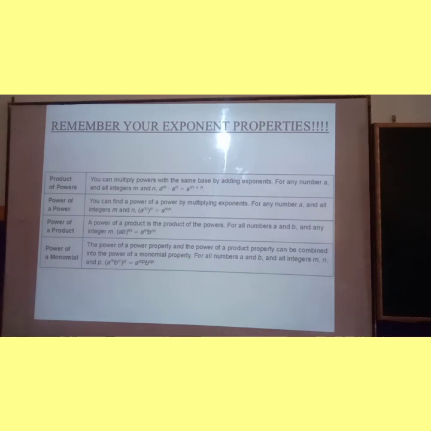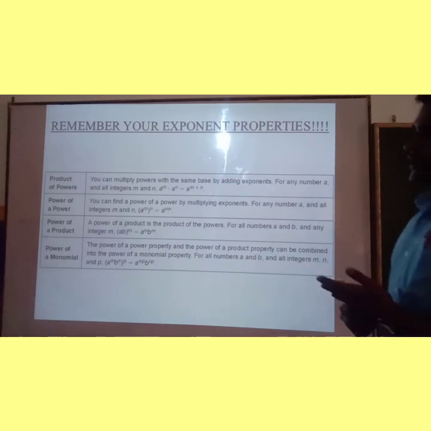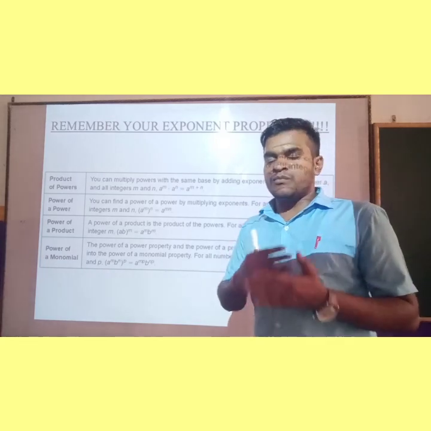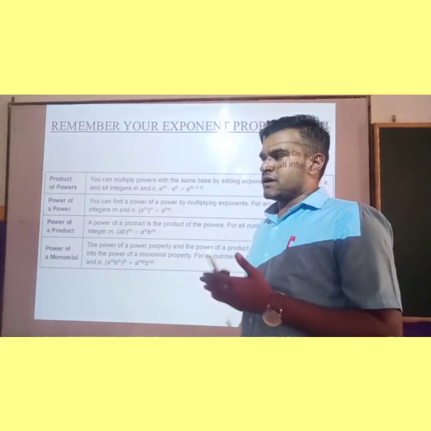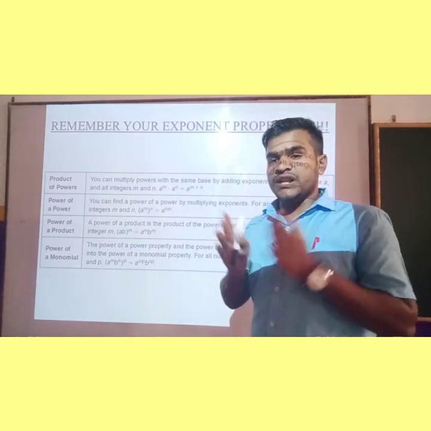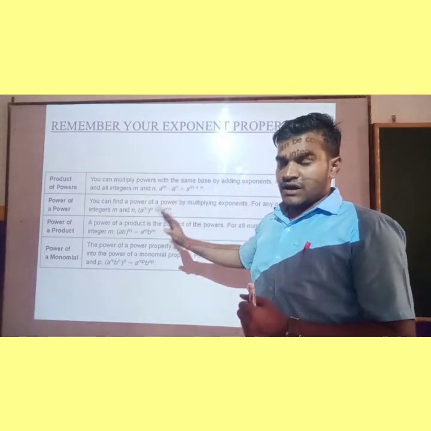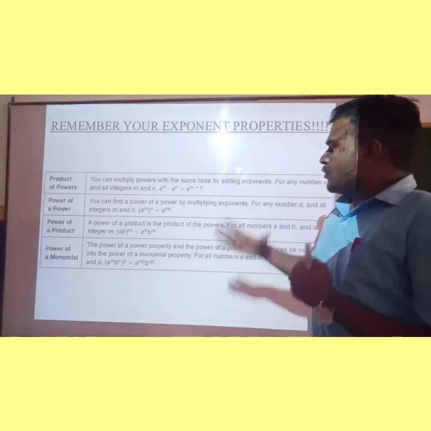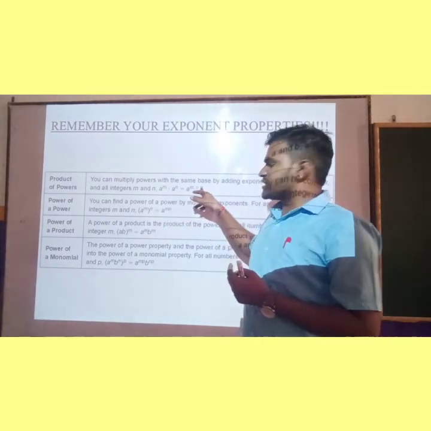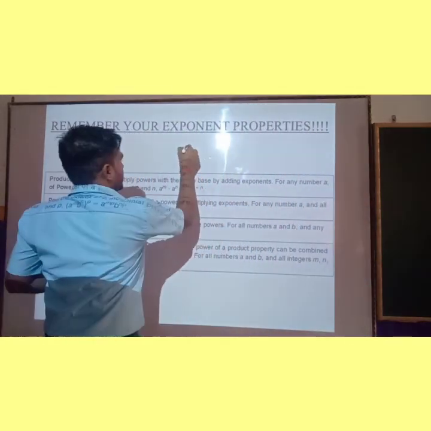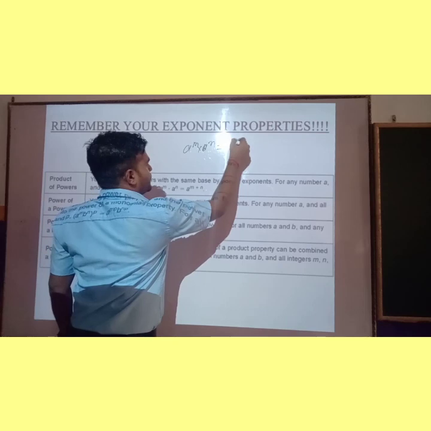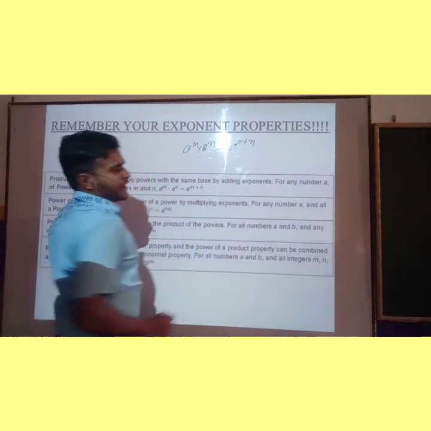Now, we must remember the exponent rules before starting the product of monomial to monomial or product of algebraic expression. We must recall the powers or exponent. Children, when bases are same, then we will add its power, means a power m into a power n, that will be a power m plus n.